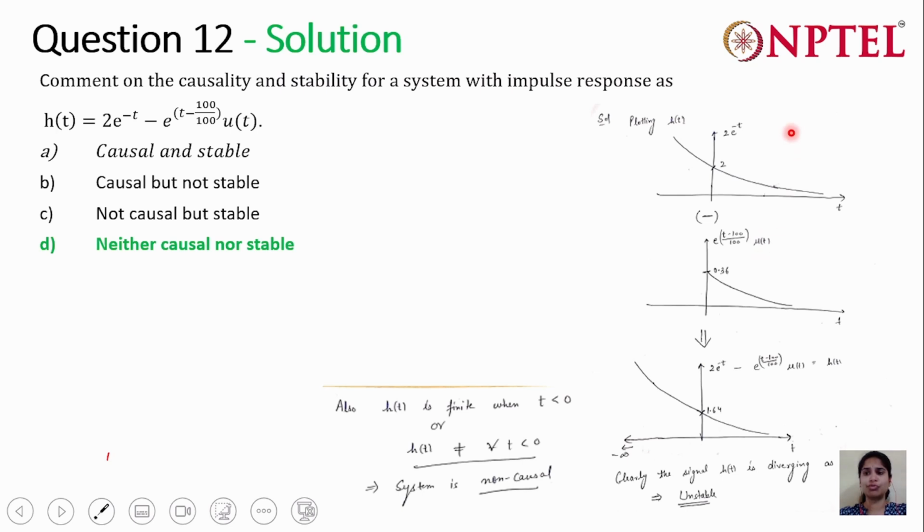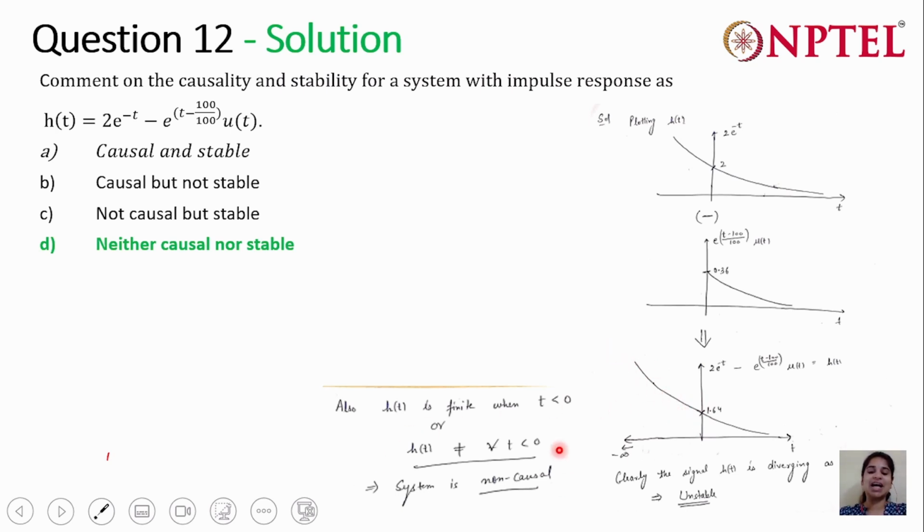So h of t is the subtraction of these two terms. I will get something like this, something on the negative side also and something on the positive side also. So h of t exists for t less than 0 also.